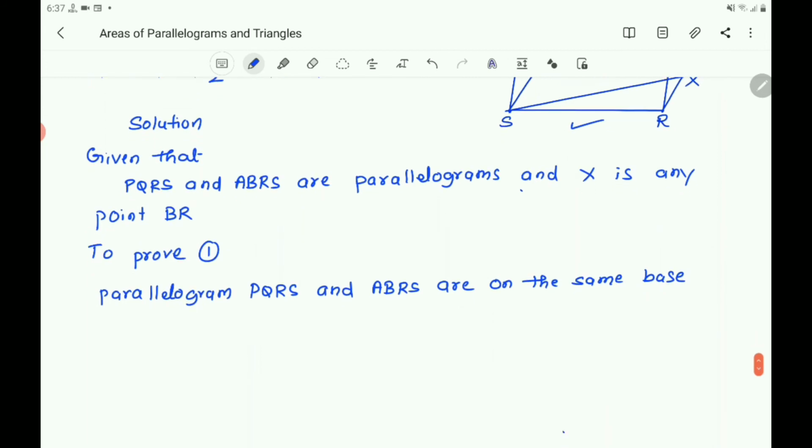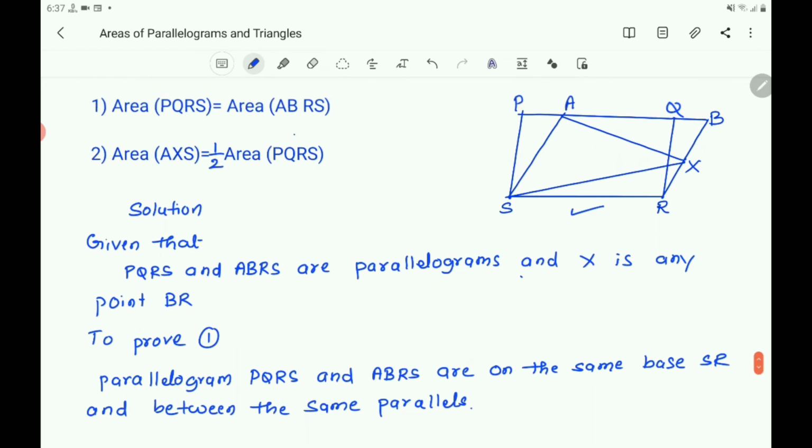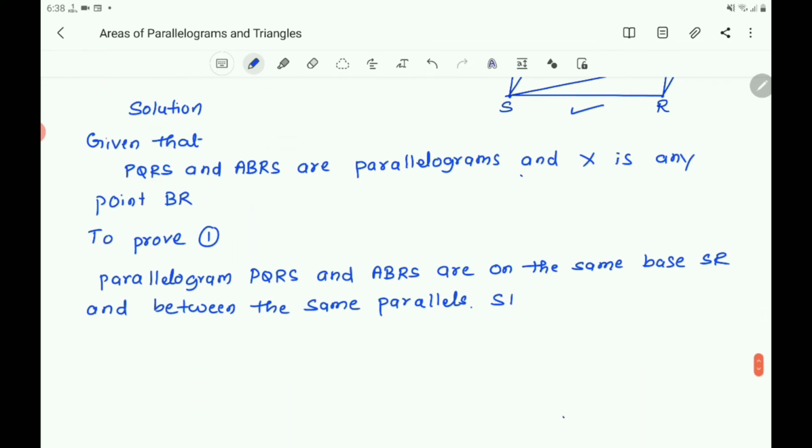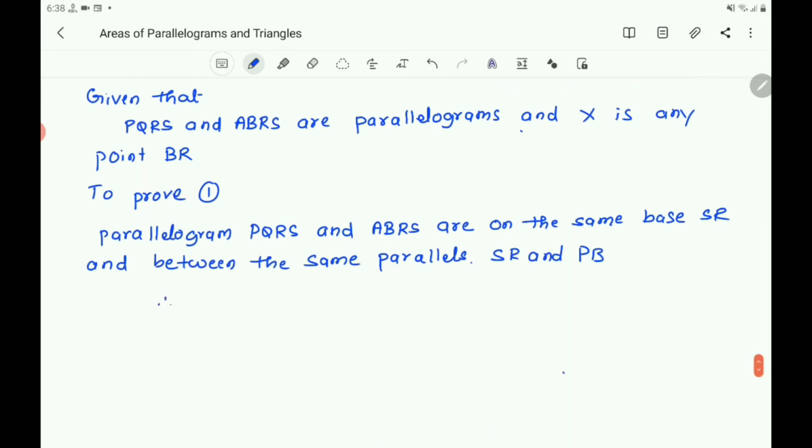SR. Same base SR and between the same parallels SR and PB.